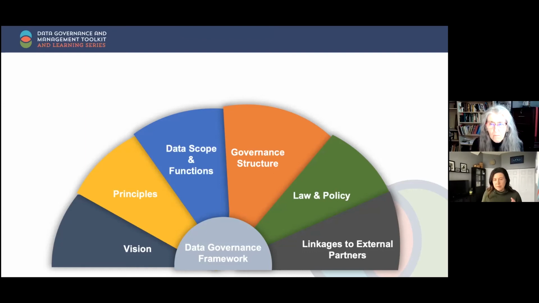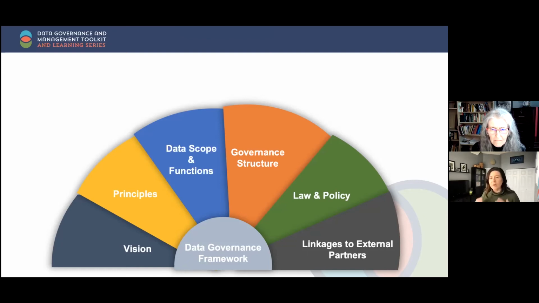Same with principles. What are the core principles, and why is this important? Your vision is what you hope to achieve, the end state. The principles are the ethical way in which you carry that work out. They help you understand how you're supposed to make decisions.